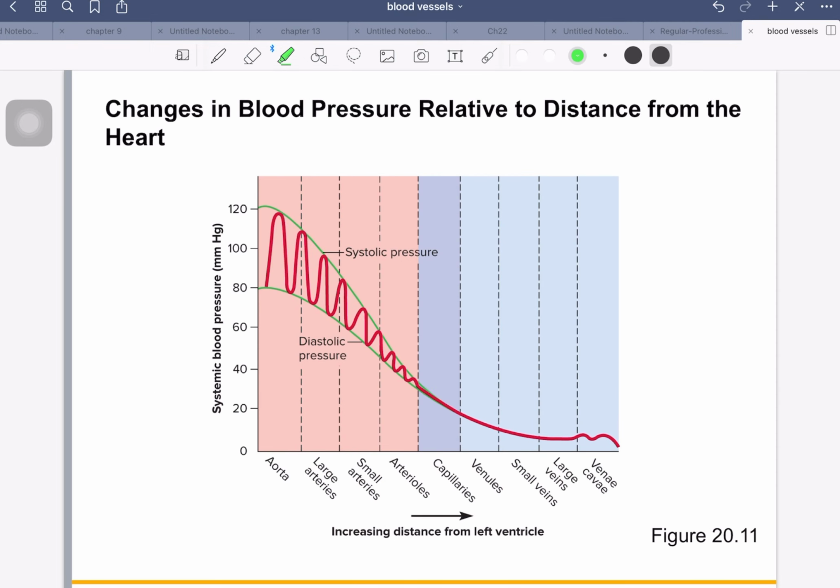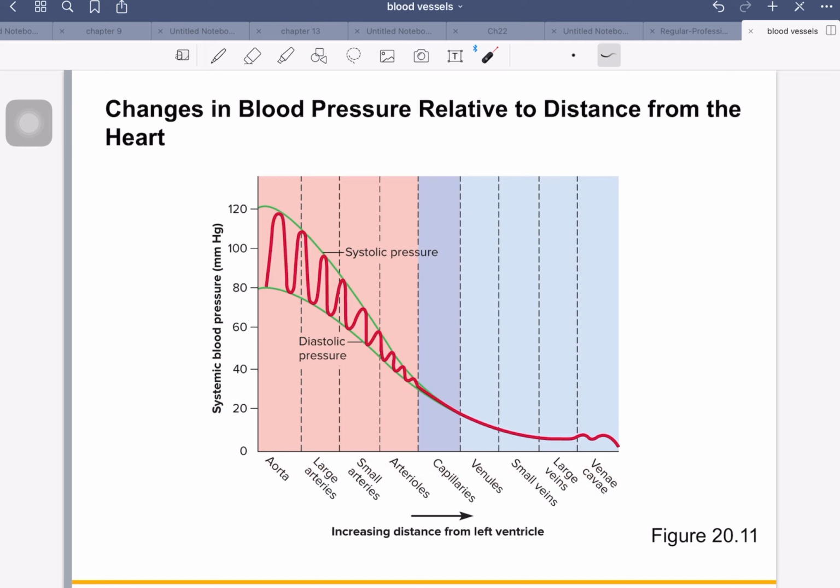Now, this diagram we're going to have a closer look at in the next video, but I'll give you the basic rundown on it. We're looking at how pressure changes as we go from near the heart and from the large blood vessels to the capillaries, to the venules, and back to the vena cava. And you can see there's two overall trends.